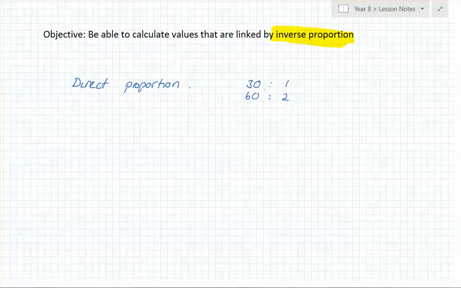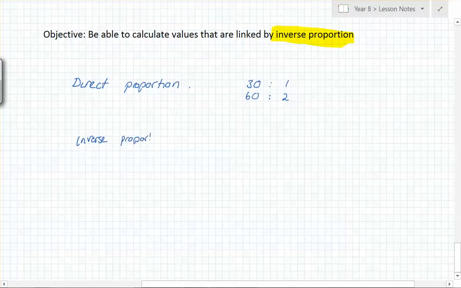What was it? If it takes 1 hour for one man to dig a hole 3 meters deep, how much will it take 5 men to dig a hole 3 meters deep? Yeah, so we've got that kind of thing. So inverse proportion is when one thing increases, the other thing decreases.